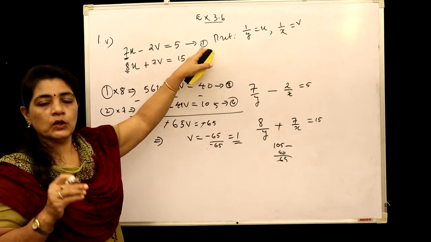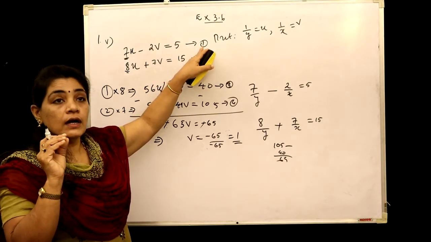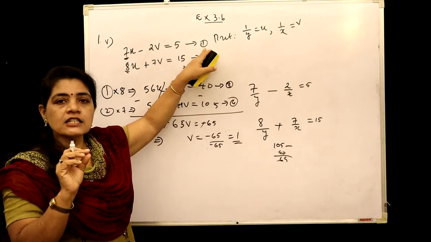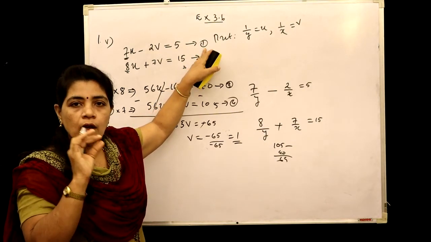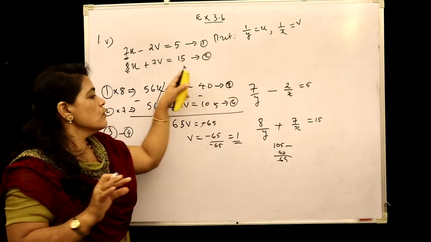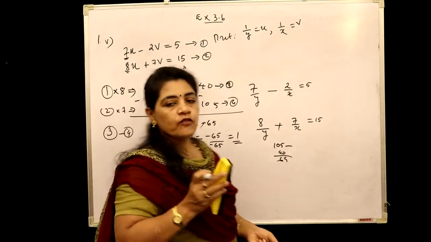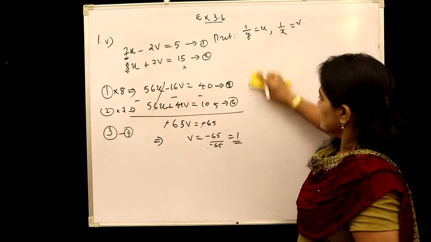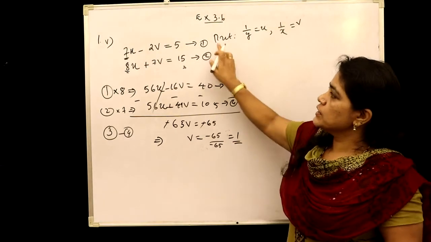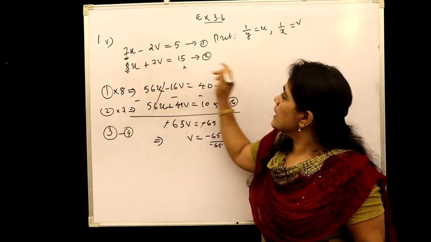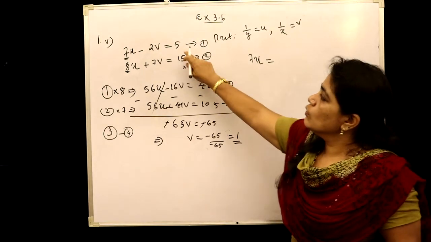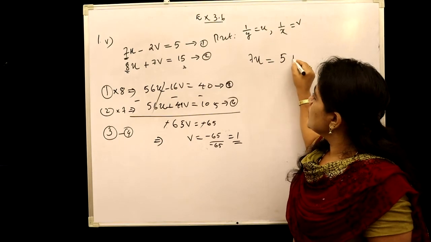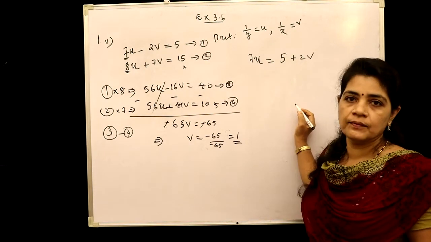From 1, you write the first equation with respect to u, that means we keep the term containing u alone on the LHS. This is equation number 1. I am keeping 7u, the term containing variable u, is equal to 5 plus 2v, right?